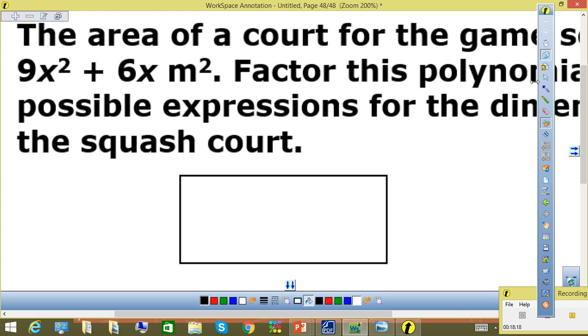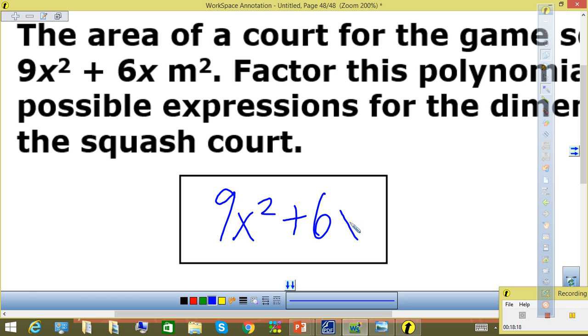And what is the area of the court? 9x squared plus 6x. Be careful with these and start including measurements, because some of you start thinking that this is a variable. It's not a variable. It's meters squared. Because that's what we're going to find. We're going to find the factors.